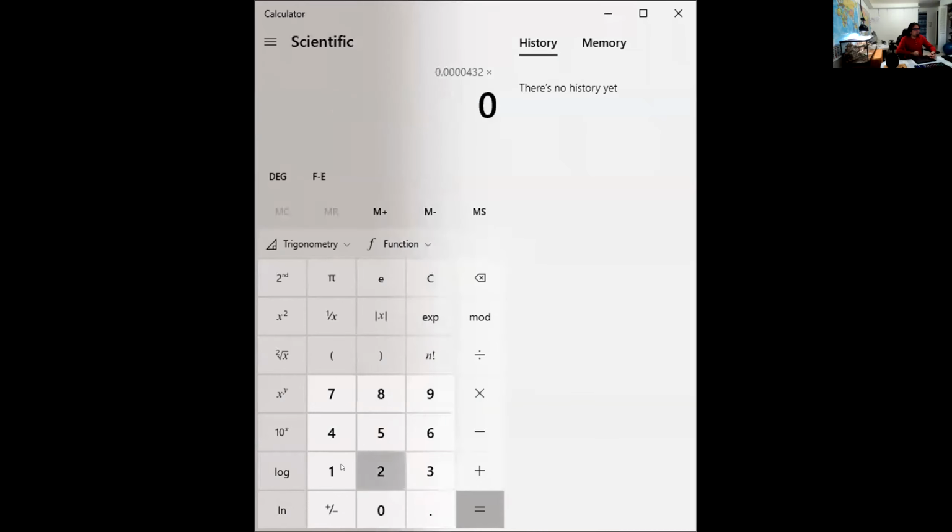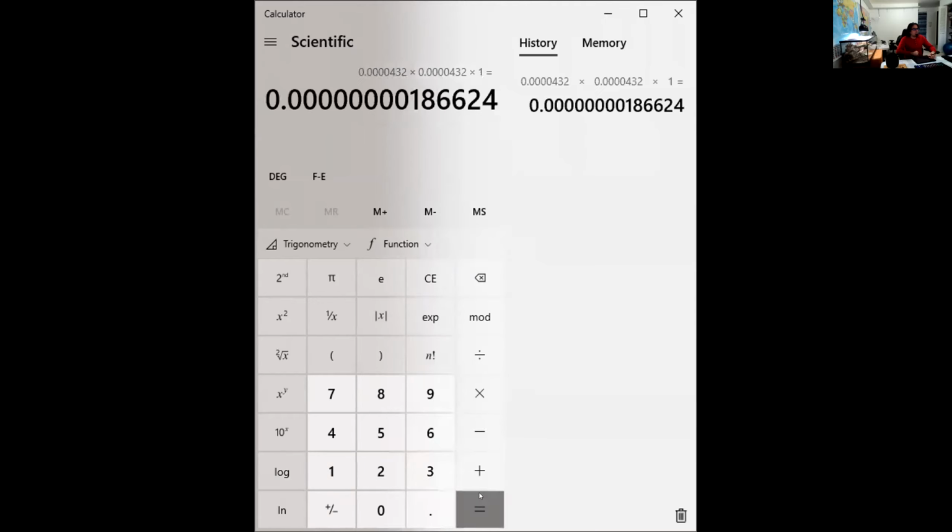So what I want to do is 4.32 exponent -5. And if I try and do times 1, then it knows what it's supposed to do. Oops, nope, I did it times itself because I hit the wrong thing. But see, it knows what it is.